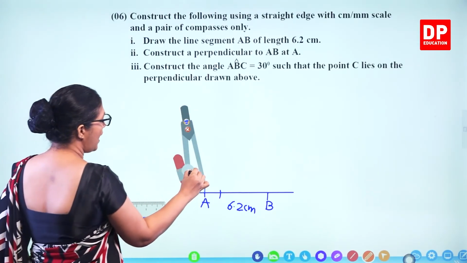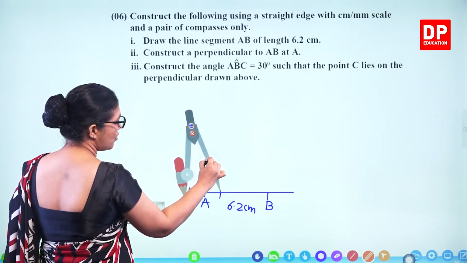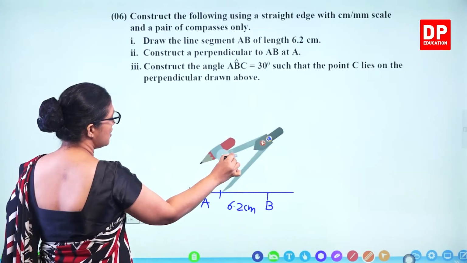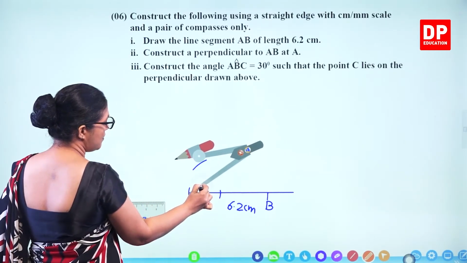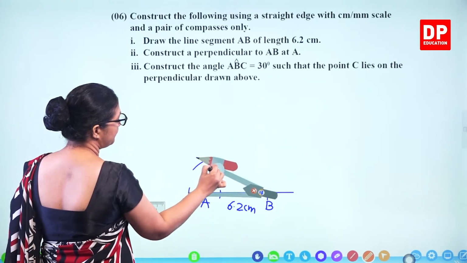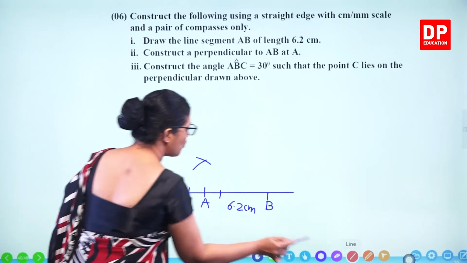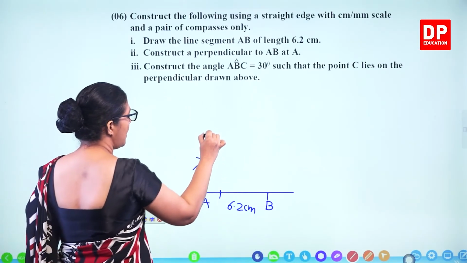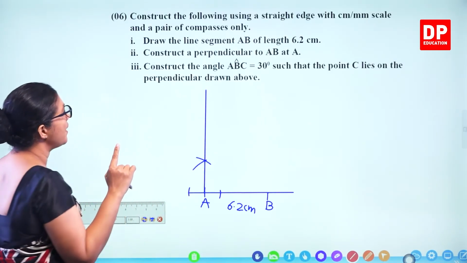Both sides of A, then take a bigger length, keep it on top of the arc you marked and draw 2 arcs in the middle with the same distance, don't change it. Now we got the intersecting point, so you take the ruler and connect. So that's the perpendicular line drawn from A.